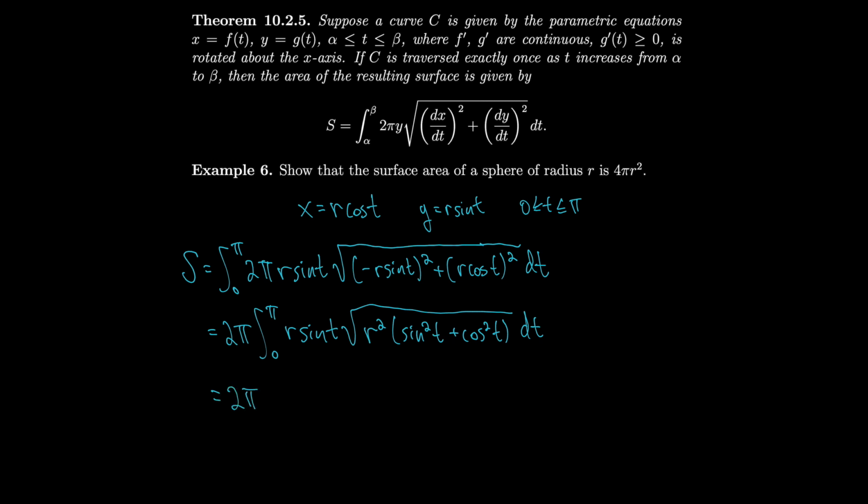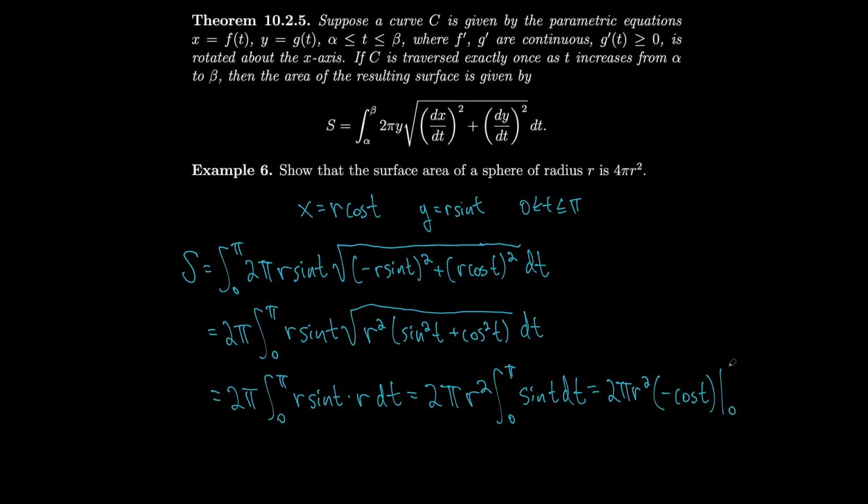So we have 2 pi times the integral from 0 to pi of r sine t times r, which is just, well, how would I pull up my r's, because they're constants, so 2 pi r squared times the integral from 0 to pi of sine t dt, which is just 2 pi r squared times the antiderivative of sine, which is minus cosine.